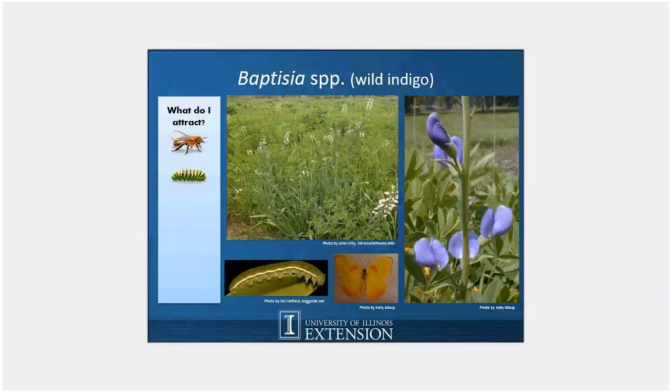These flower spikes can come in blue and white. They form green pods that turn black and split open, which actually has an ornamental quality. This one's full sun, drought tolerant, and a very long-lived perennial.